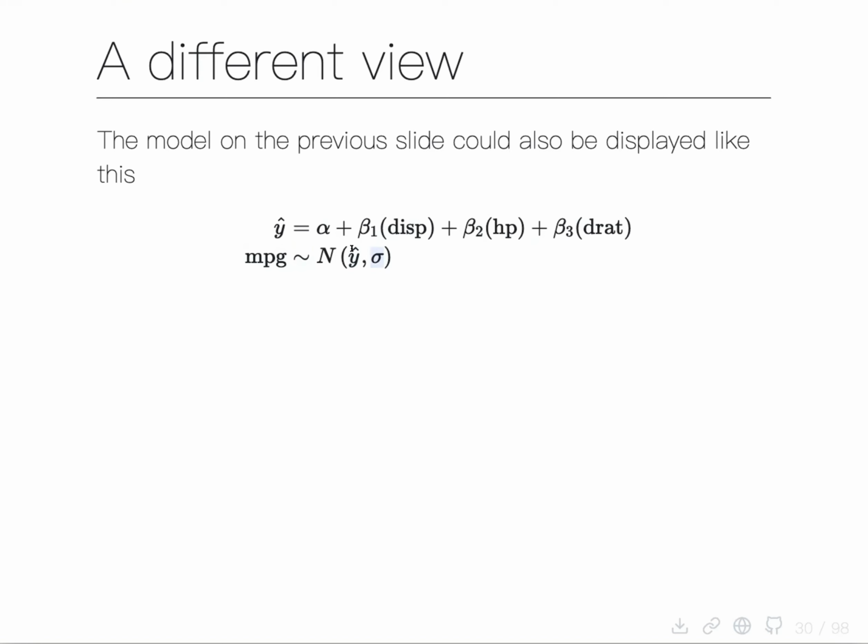Okay, and then that mean structure y hat is modeled by some intercept that we're going to estimate, plus the relation between engine displacement and miles per gallon, etc. Okay, so then basically, the mean structure here is going to depend on these variables.